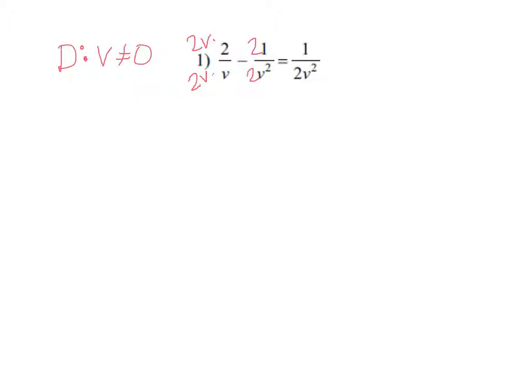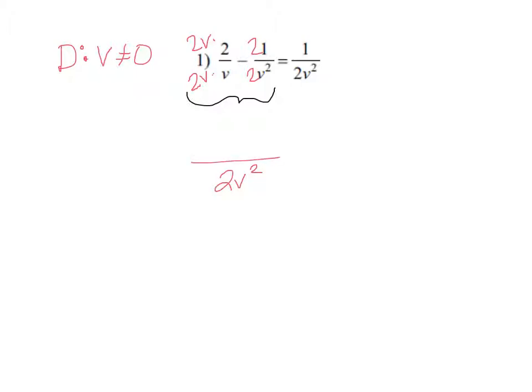So let's write each one of these with that common denominator. I usually like to, at this point, go ahead and merge those fractions together that were being subtracted. So I'm taking this right here and I'm going to write it as one big fraction. So it's going to be 2v squared for a denominator.